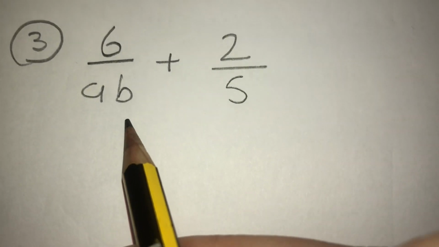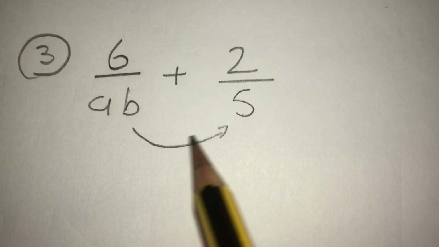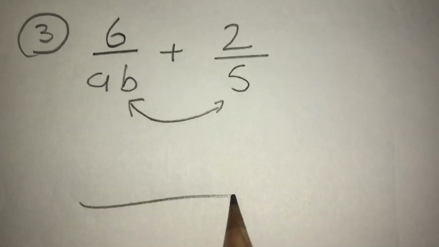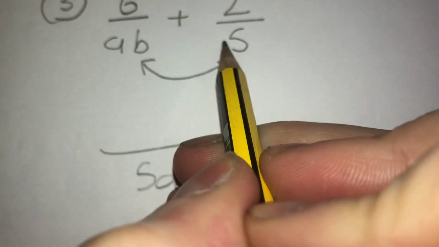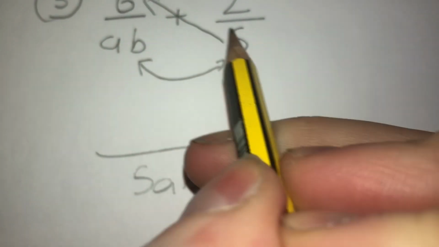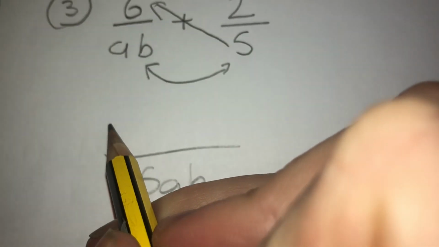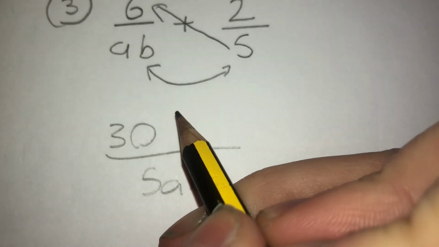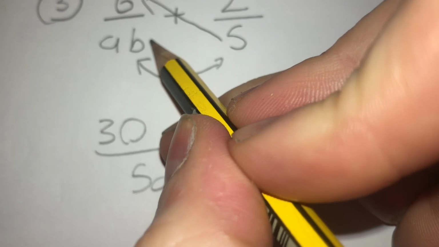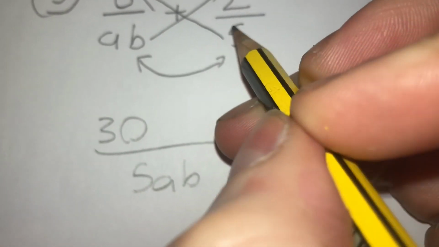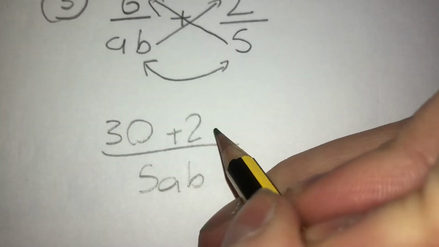So multiply our denominators. AB times 5 is just 5ab. Bottom right by top left when we cross multiply, so 5 times 6 is 30. Bottom left by top right, 2 times AB is just 2ab.